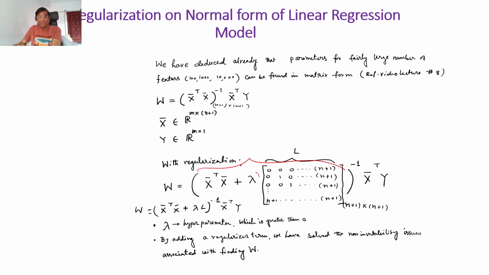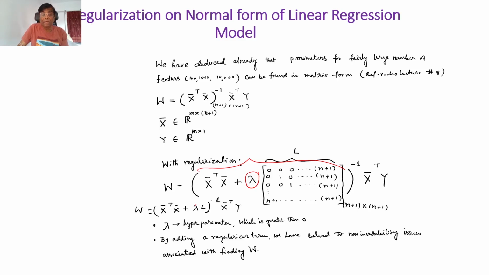Because by virtue of selection of non-zero lambda, it will never allow the determinant to be zero. So this is the effect of regularization in case of normal equation.